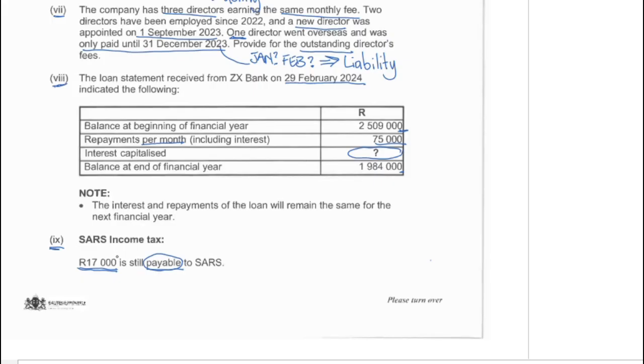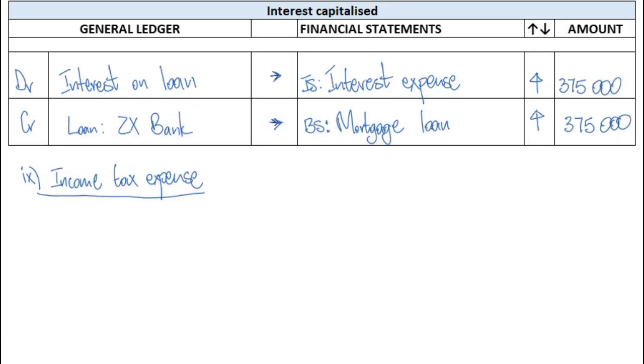Since we are told that at the end of the year there is still 17,000 rands outstanding, it means that despite having paid the 150,000 rands in provisional tax payments, we still owe SARS 17,000 rands. So obviously that means our income tax expense for the current financial year must be greater than 150,000 rands. So let's calculate our income tax expense for the year.